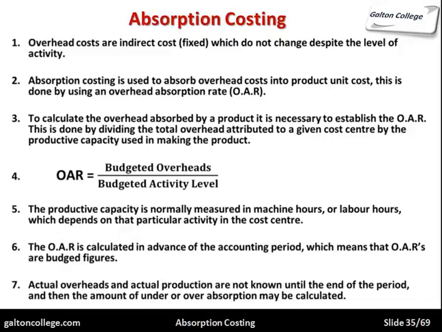Actual overheads and actual production are not known until the end of the period, and then the amount of under or over absorption may be calculated. And that amount of under or over absorption, as I said, should bring management into play. They should investigate why there was under or over.